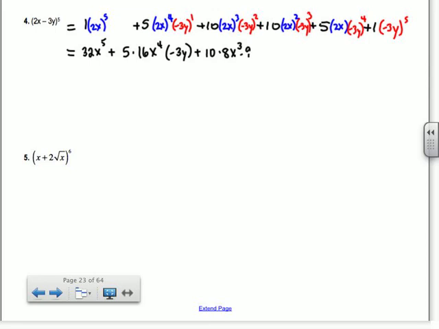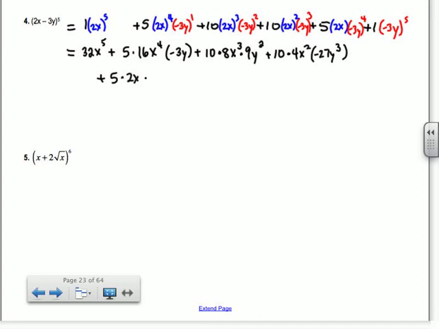Times. So then I have plus 10. 2x times 2x is 4x squared. Negative 3y times negative 3y times negative 3y is negative 27y cubed. I'm going to go to the next line. Plus, and my 5 times 2x times negative 3y to the fourth.